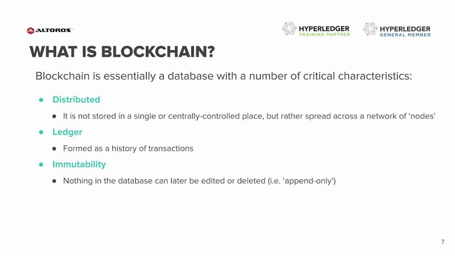To produce those consistent outputs and hashes, nothing in the database can be edited or deleted, otherwise you'd produce this dramatically different output. This is part of what creates and provides the stability and security inherent in blockchain, that if anybody was attempting to manipulate the database, that becomes apparent and can easily be checked.